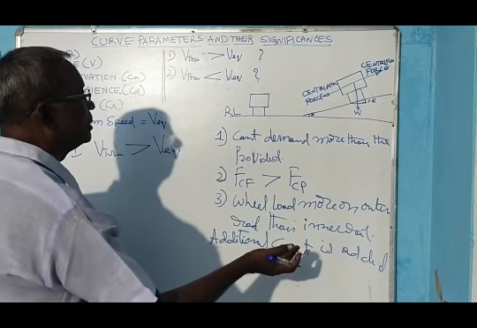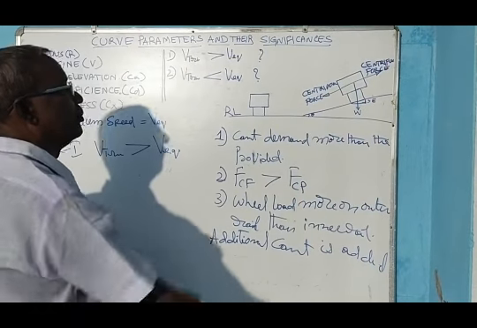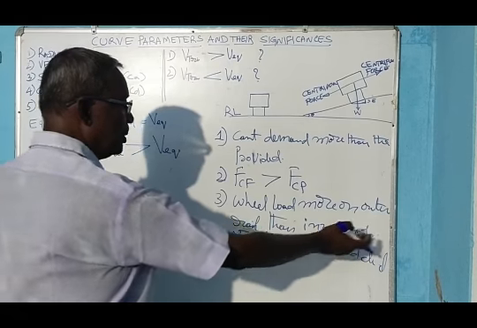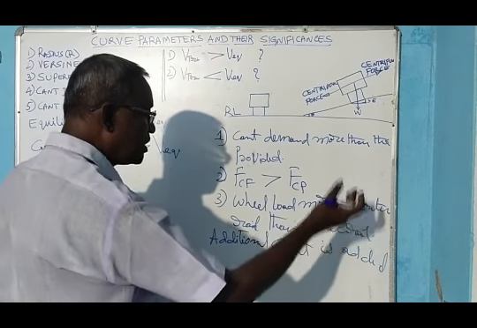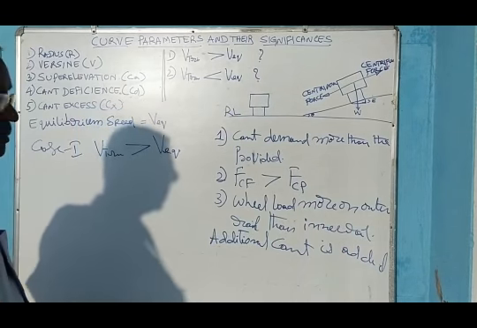To nullify the adverse lateral forces and wheel loads, additional cant is to be added. Adding of additional cant is called cant deficiency.